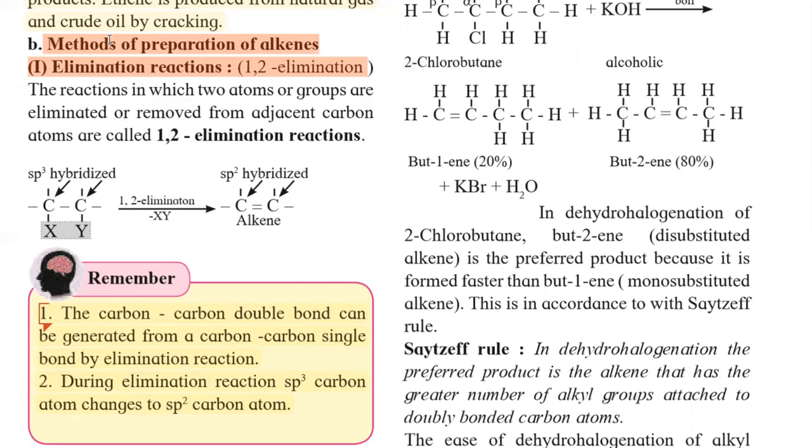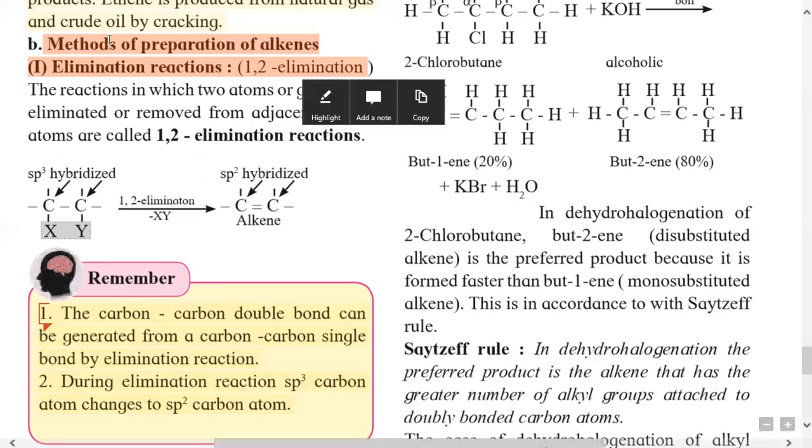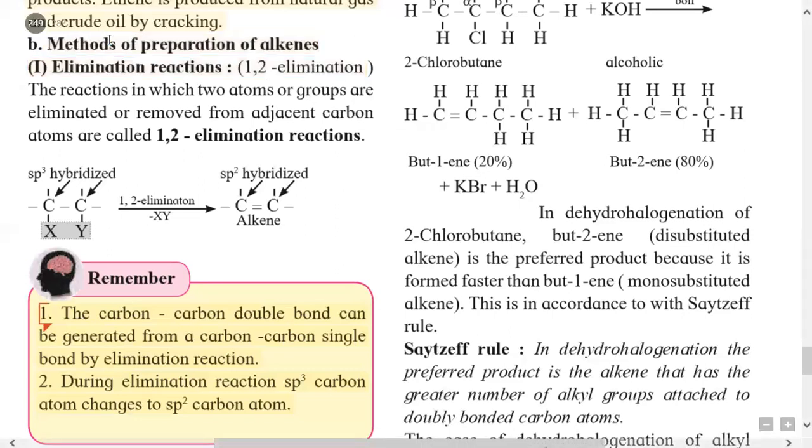These adjacent carbon atoms are called 1 and 2 carbon atoms, and therefore this type of reaction is called a 1,2 elimination reaction, because the two groups or the two atoms from adjacent carbons, that is 1 and 2 carbon atoms, are eliminated, so that sp3 hybridized carbon is converted into sp2 hybridized carbon.